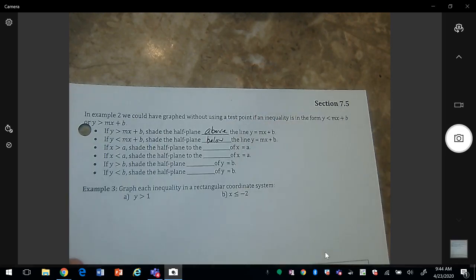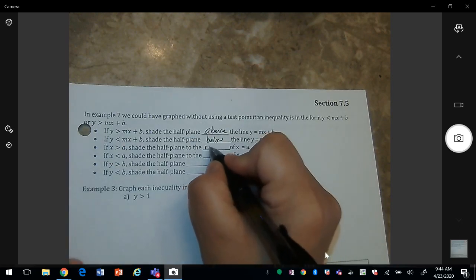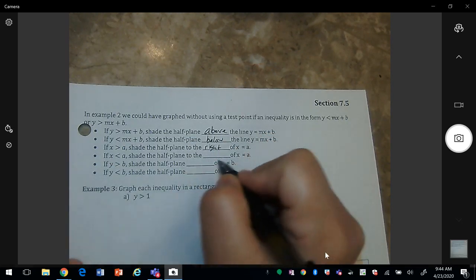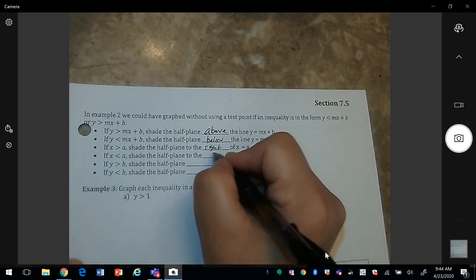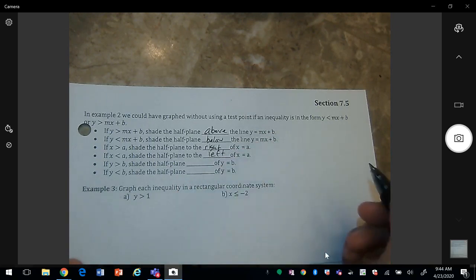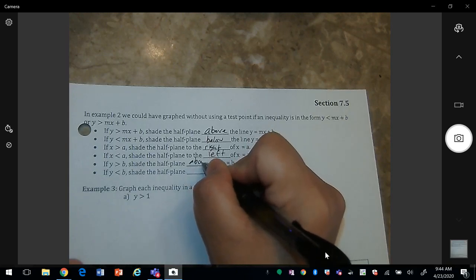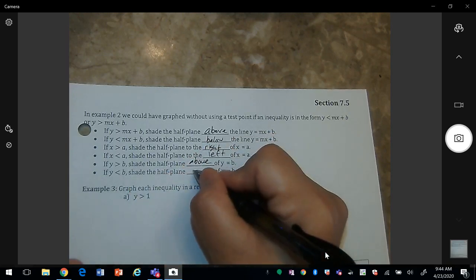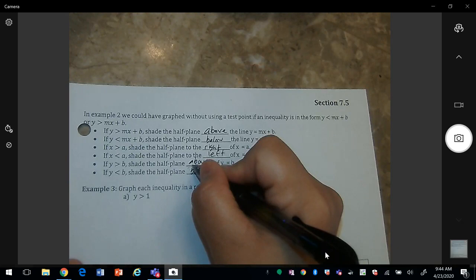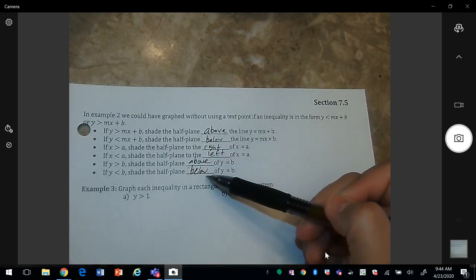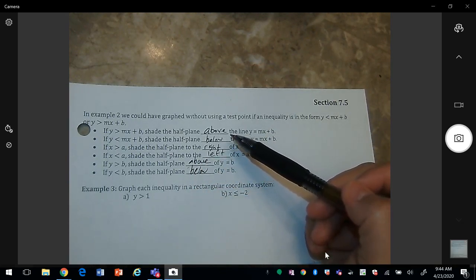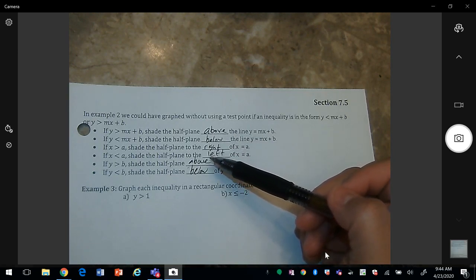If x is greater than a, we're going to shade the half plane to the right of x equals a. And if it's less than a, we're going to shade to the left. If y is greater than b, then we're going to shade above. And if y is less than b, we're going to shade below. So these are just some ways that we can graph.